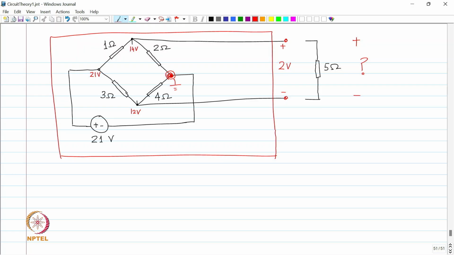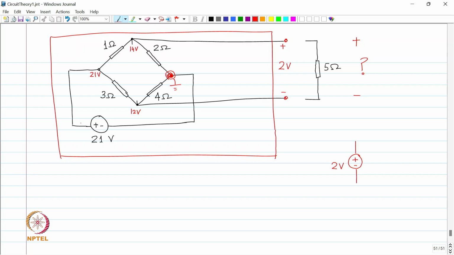Next experiment is that I am going to first switch off all the independent sources inside, which involves making the 21 volt source a short circuit.